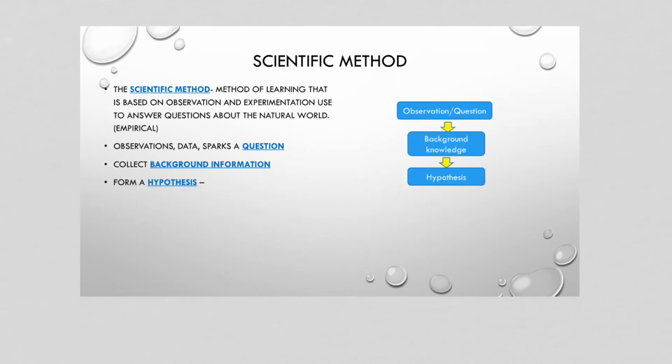Now, in order to facilitate the scientific method, so you now have some observations, you have a question, the first thing we want to do is to collect information that's already known, right? We don't want to reinvent the wheel every time we look at something.